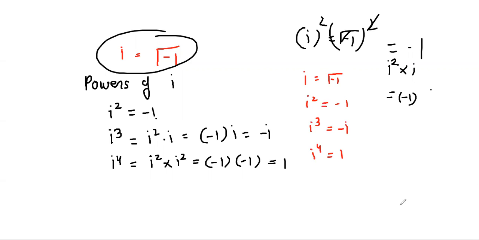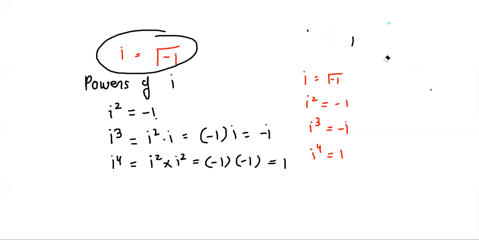You have to keep this in mind and wherever it is required you have to substitute these values. We can find further values also. Let me clear some part of this. Okay, I can further take out more powers of i. I found up to i raised to 4. i raised to 5 will be what?